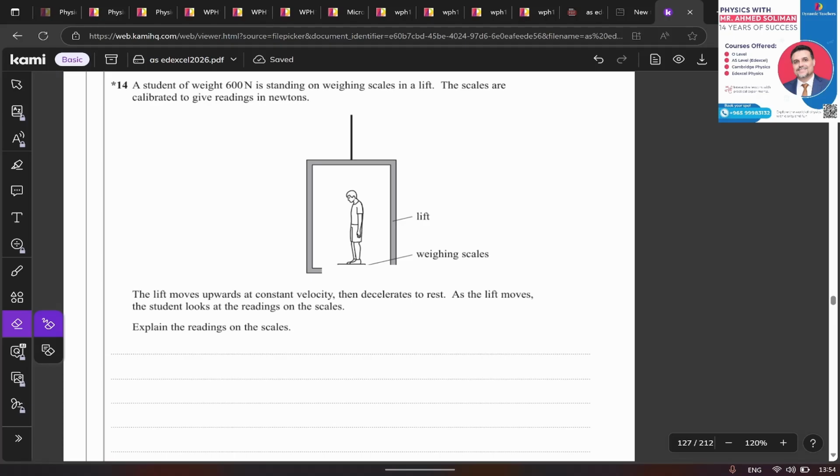Mr. I think the readings will decrease as the lift moves. This question has 6 marks, man.